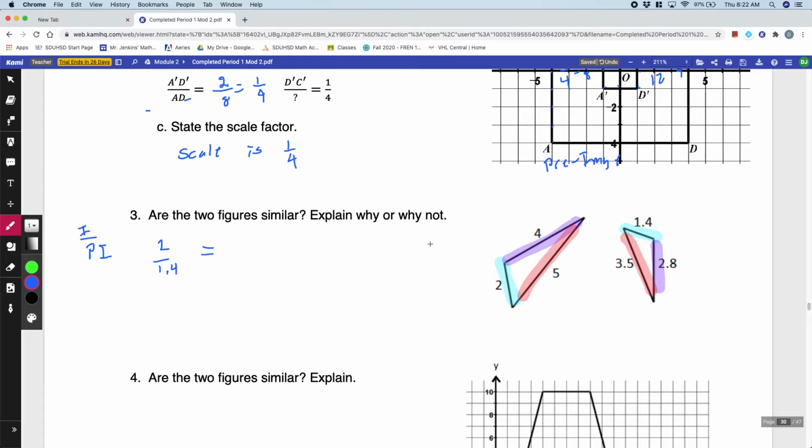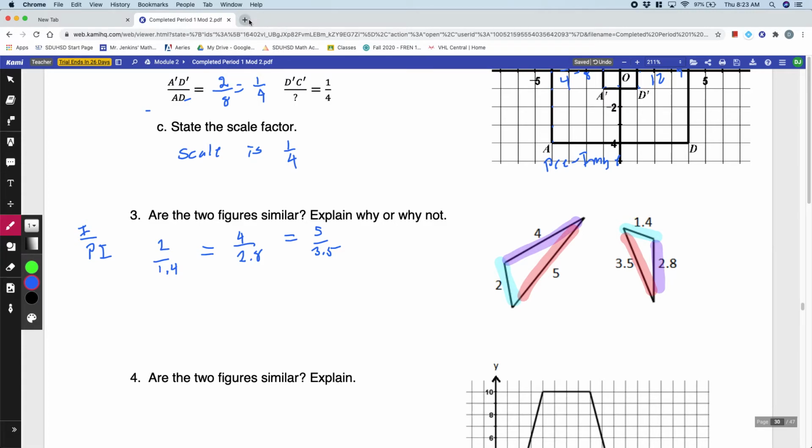Is that equal to, so I just did 2 over 1.4, the small side over the small side. Is that ratio equivalent to, okay, let's do purple, 4 over the smaller side purple, 2.8. And is that equal to 5, the larger red side over the smaller blue side, 3.5. Each and every one of those ratios needs to be equivalent.